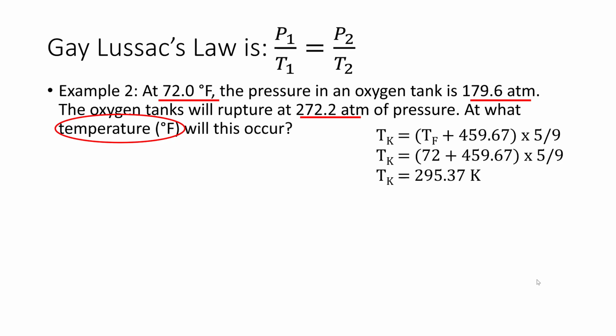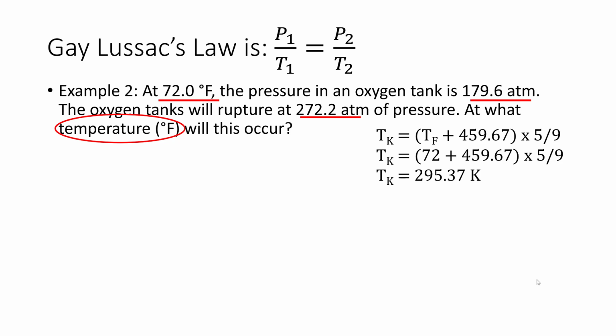So then you plug in 72 degrees Fahrenheit, and then you solve your equation, and you should get 295.37 Kelvin. Having to convert temperatures is not going to go away. Just like you're going to be expected to be able to convert between pressure units, you're going to be expected to convert between temperature units.